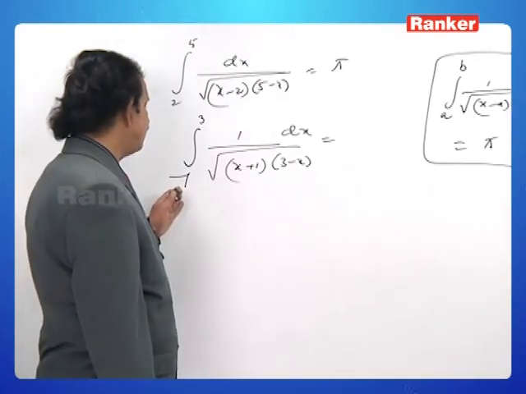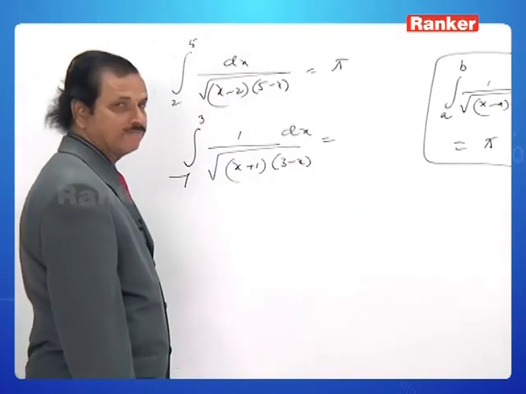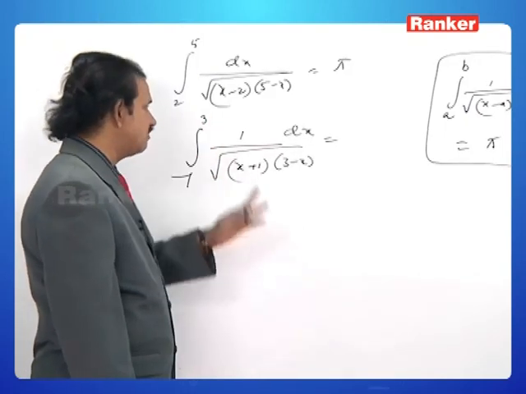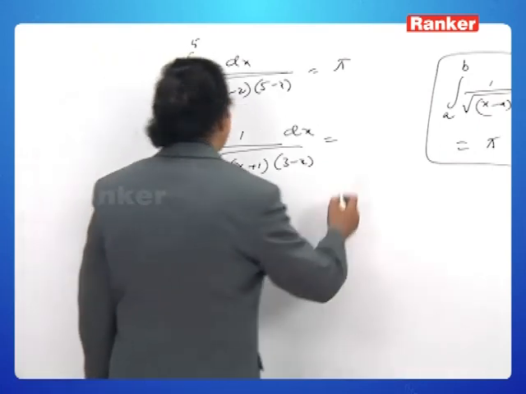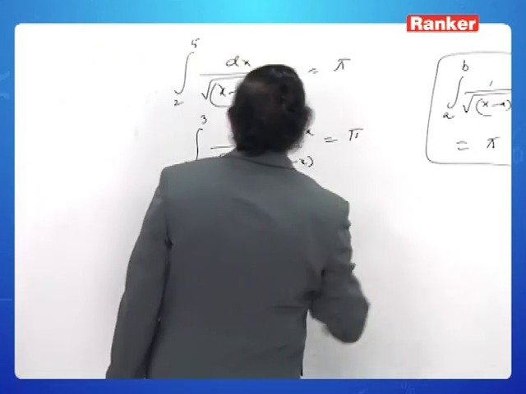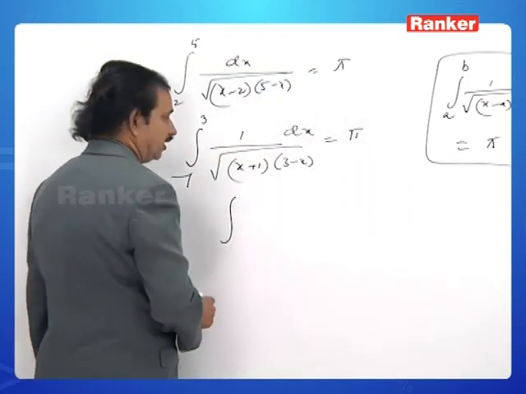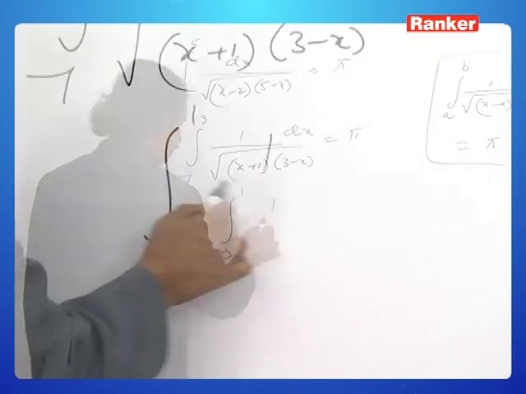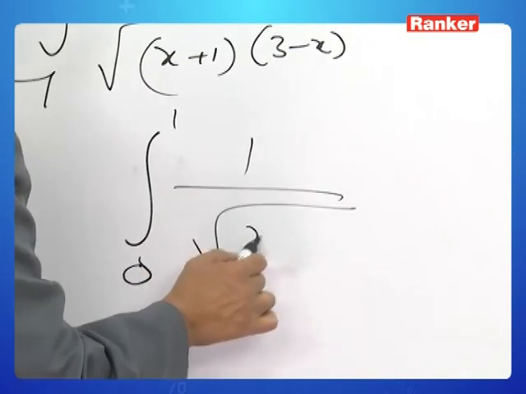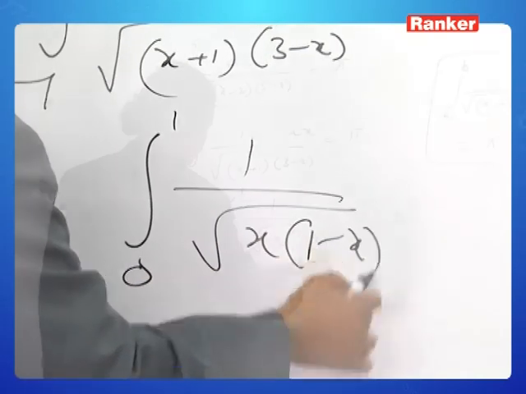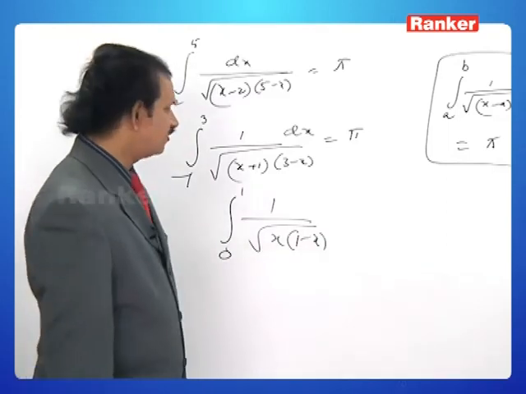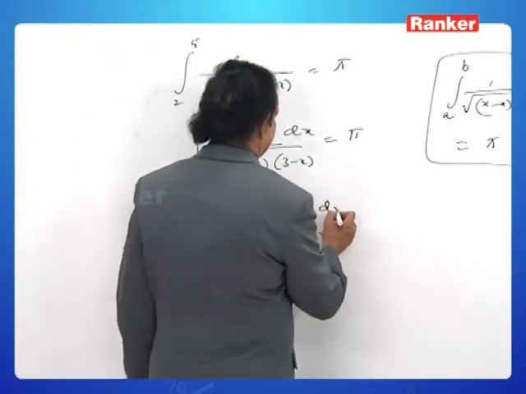In the place of a we have minus 1, in the place of b we have 3, x minus a, that is x minus of minus 1, and b minus x, that is 3 minus x. Again the answer is, come on, pi. Okay, one more thing. Integral 0 to 1, 1 by root of x into 1 minus x. Come on, what is the answer? x minus x square, of course. The answer is again pi.